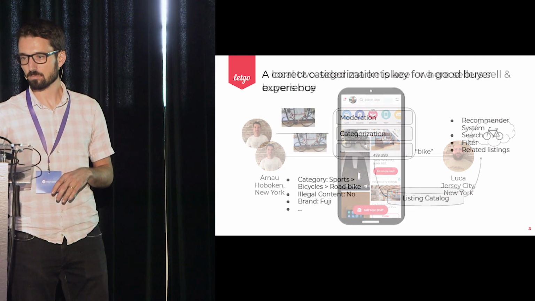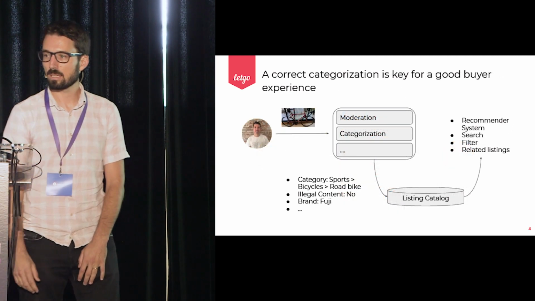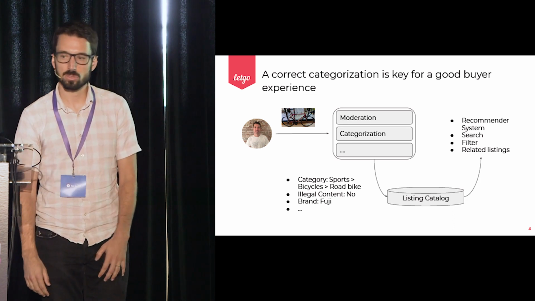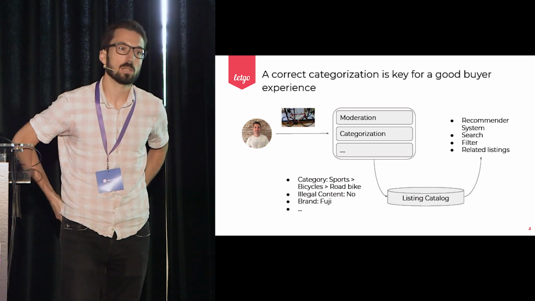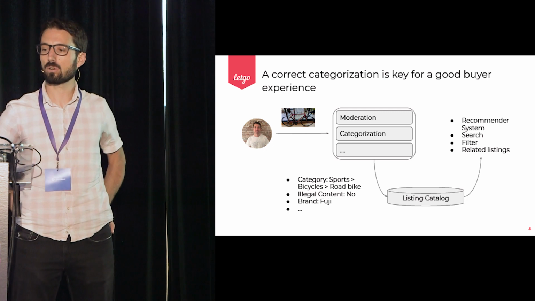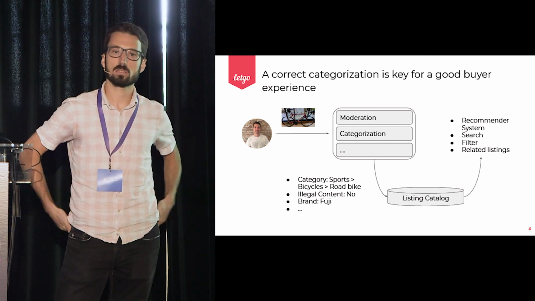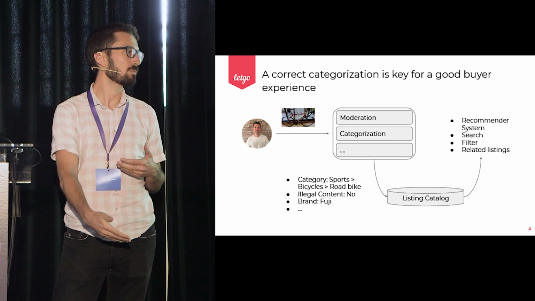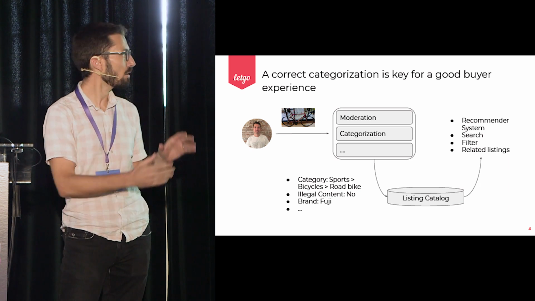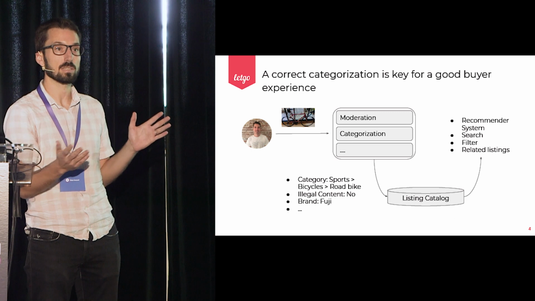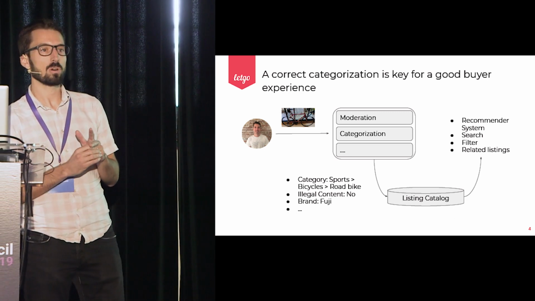Very simple. Now, one of the key elements of any used goods marketplace is correct categorization of the catalog, right? So when a user, a seller, in this case me, posts a bike, there's a number of steps that happen before that listing, we call the products in our platform listings, goes into our listing catalog.